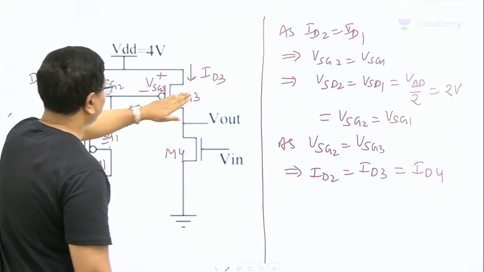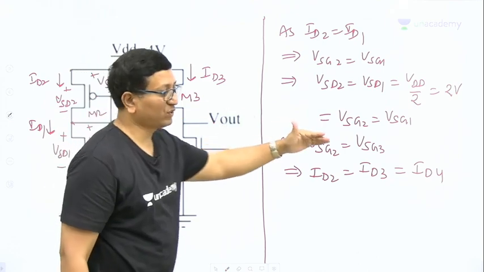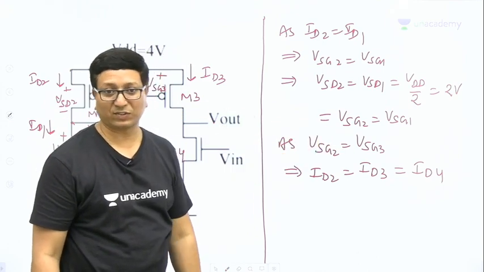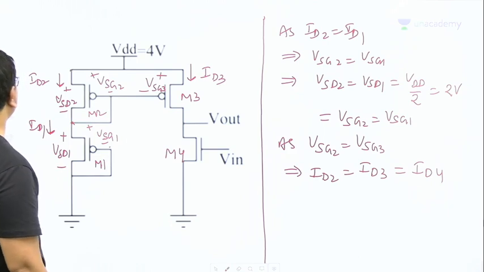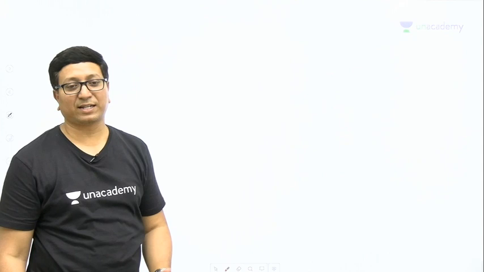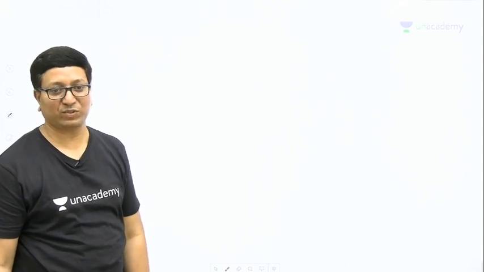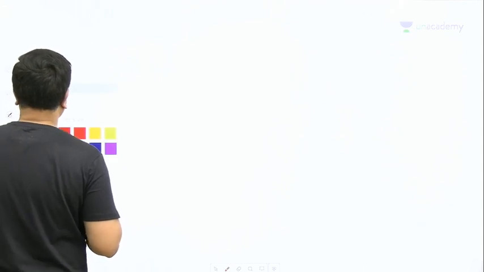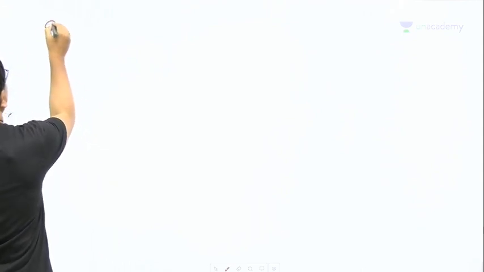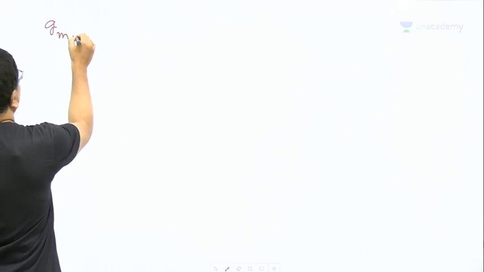And you see this, their currents are same, and their process transconductances are also same. Coming to the AC analysis, because our interest is to find the gain of the given MOSFET circuit, we need to find the value of GM of M4.